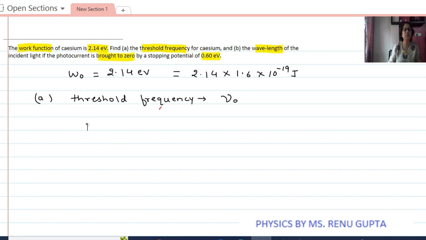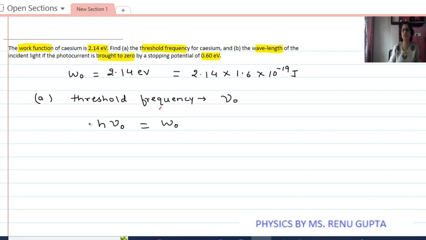It means here we can say that the energy provided by the threshold frequency, h nu 0, will be equal to the work function, because the threshold frequency is the minimum frequency required to eject the electron and the work function is the minimum energy required to eject the electron.